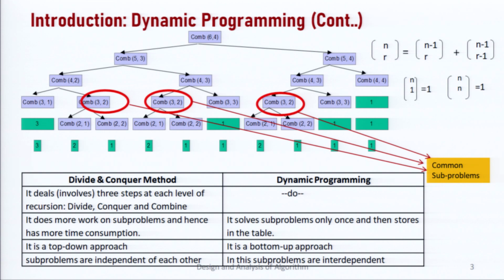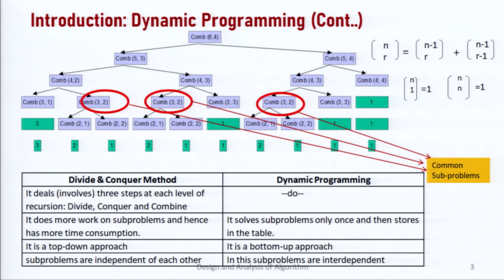In the case of divide and conquer, where the sub problems are independent of each other, we apply the divide and conquer method, and when the sub problems are interdependent, not independent, in that case we use dynamic programming. Now see there is an example, that is combinations.